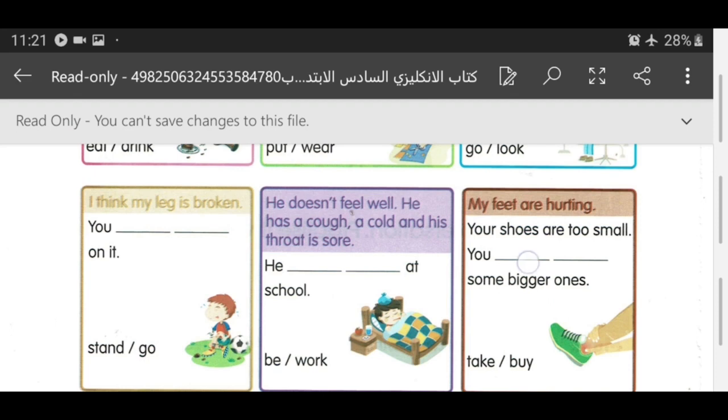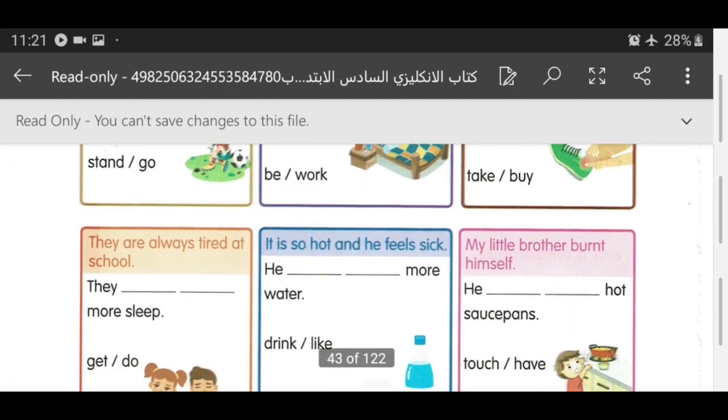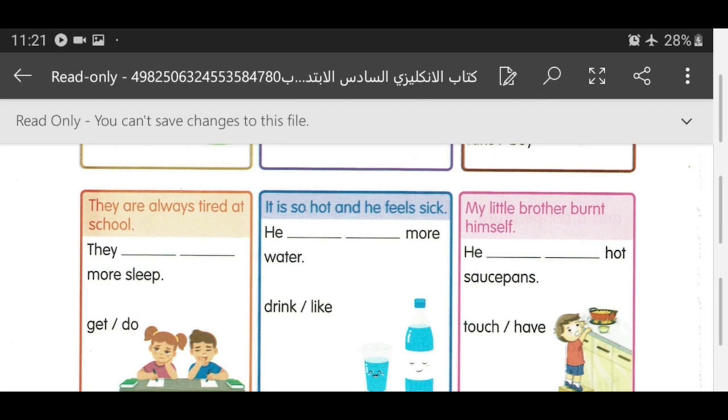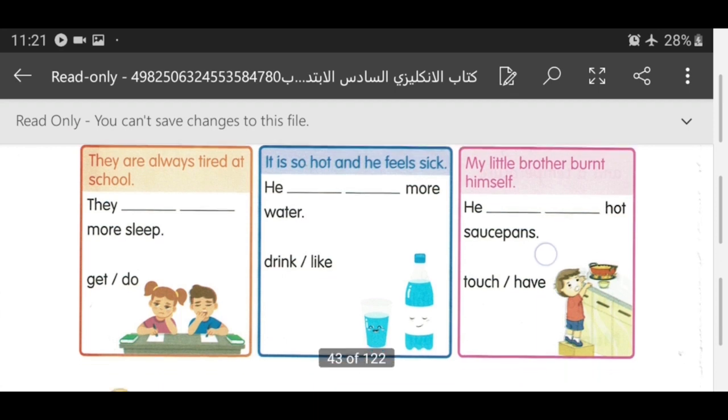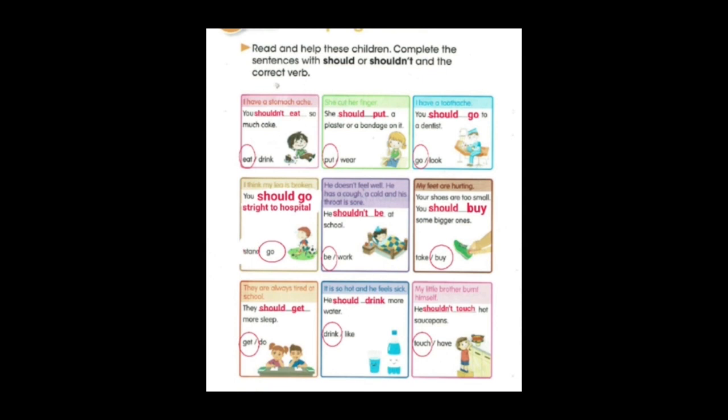He shouldn't be at school. My feet are hurting. Your shoes are too small. You should buy some bigger ones. They're always tired at school. They should get more sleep. It is so hot, and he feels sick. He should drink more water. My little brother burnt himself. He shouldn't touch hot saucepans.